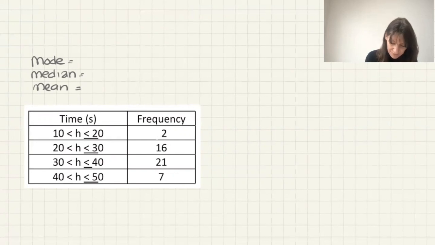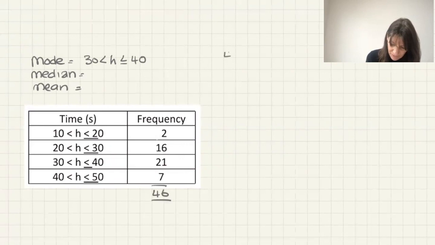Okay, so I am going to look at my mode. I can see 21 is the biggest number, so that's my class width. So we've got 30 to 40. The median, okay, so I need to do my total frequency, which is 46.